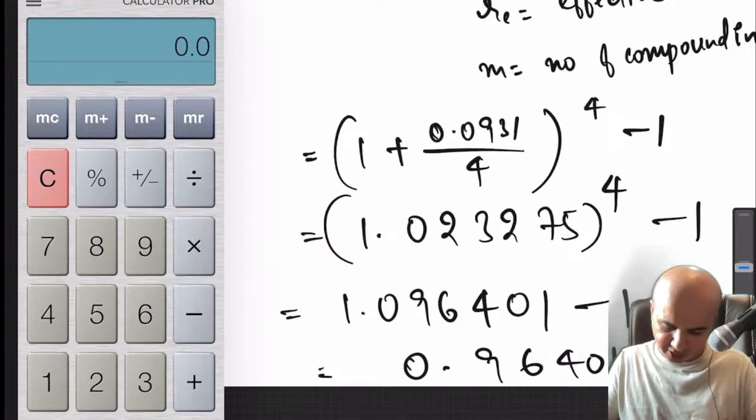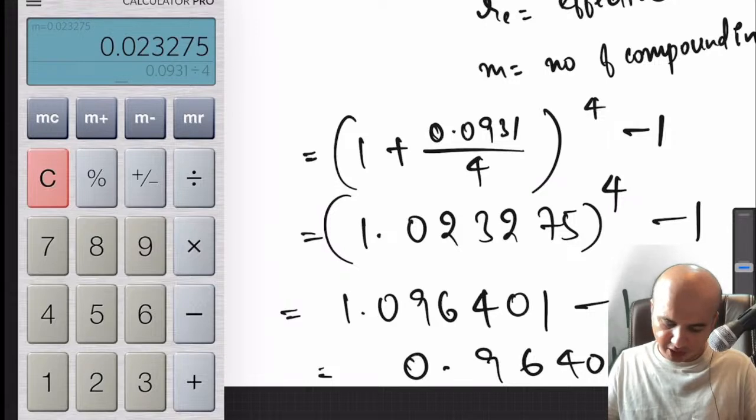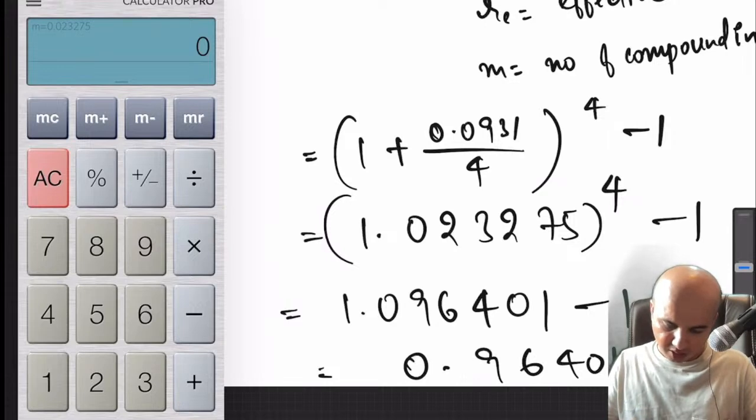Let me just do this once again. 0.0931 divided by 4 will be 0.023275. That is correct. So I saved it in memory. To the power of 4, so recall memory plus 1.